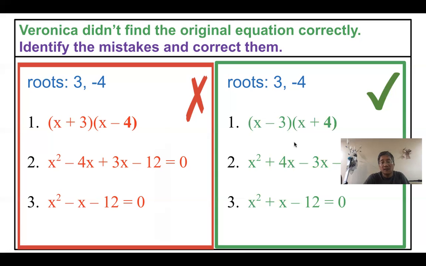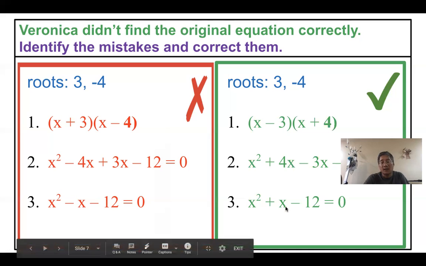So x times x is x squared. X times 4 is 4x. Now move to negative 3. Negative 3 times x is negative 3x. Negative 3 times 4 is negative 12. And then combine like terms. 4x minus 3x is 1x. And then this is your standard form of the function. These number 1 and number 3 are exactly the same, equivalent, right?